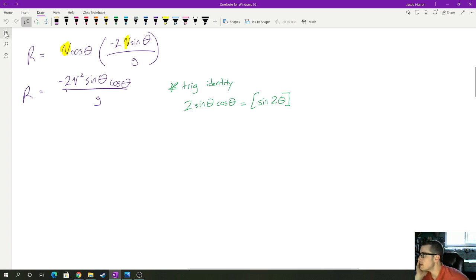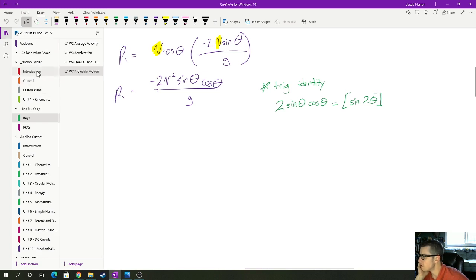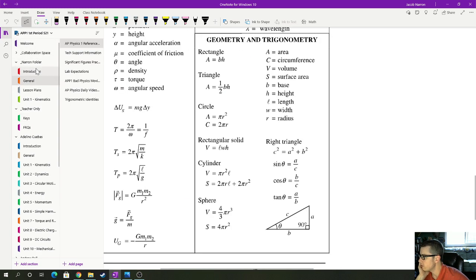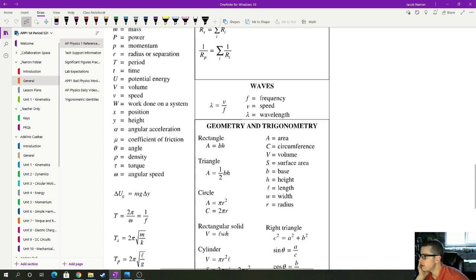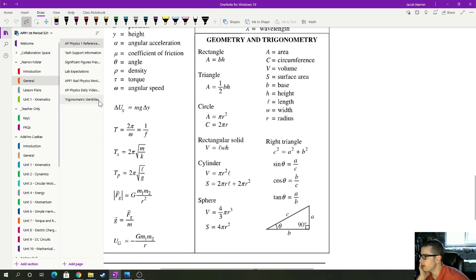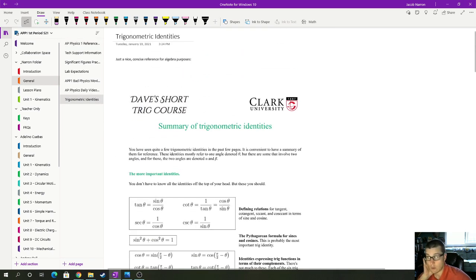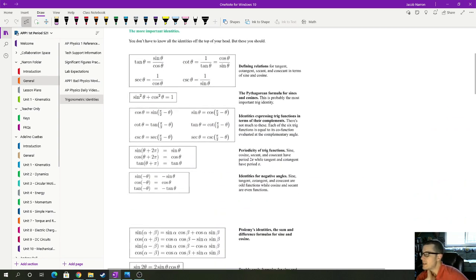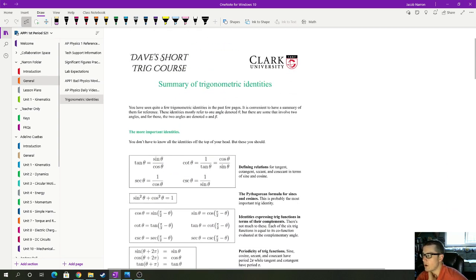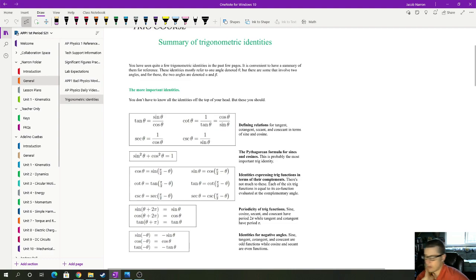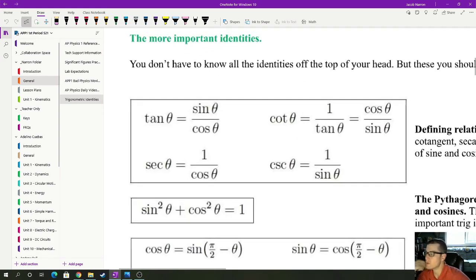Now look, let me show you guys this. I've actually put it in OneNote. So look, we're in the general folder. And yeah, we got all this trig stuff. That's great and all, but I actually found this website not too long ago, and this has all the important trig identities on here. So here, tangent of theta is equal to sine over cosine. It also tells you what cotangent, secant, and cosecant are equal to.